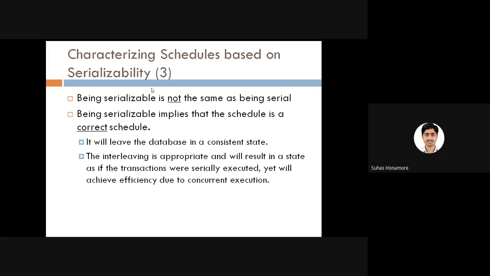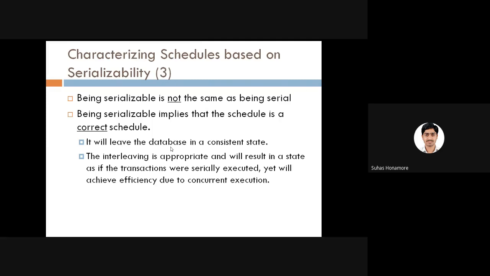Both are actually different. In serializability, interleaving will happen. In serial execution, the operations are performed without any interleaving. Being serializable implies that the schedule is a correct schedule, because our intention is to achieve the serial result.